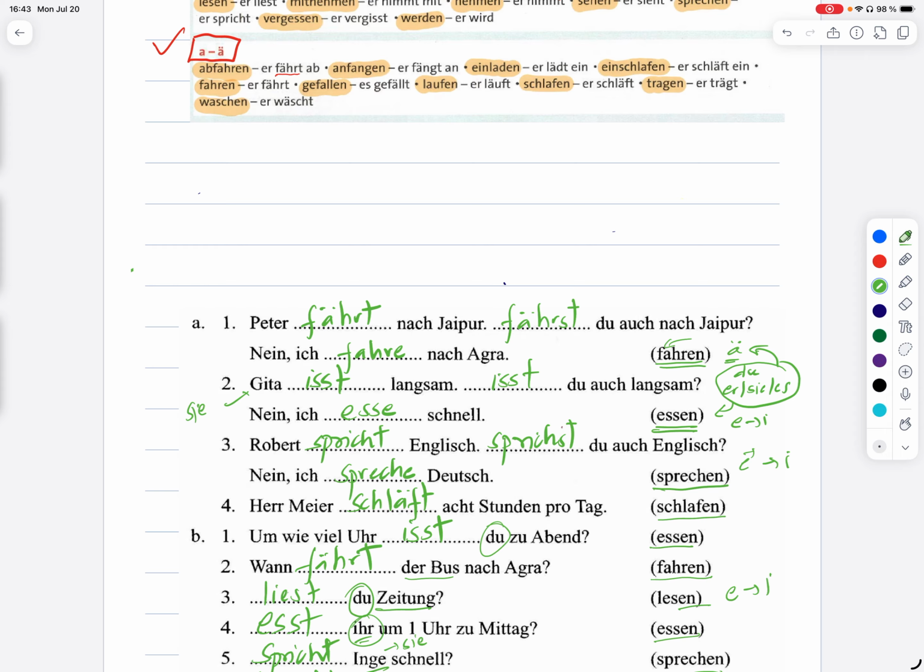So we have lesen, so stem form is les, and we will conjugate this, right?